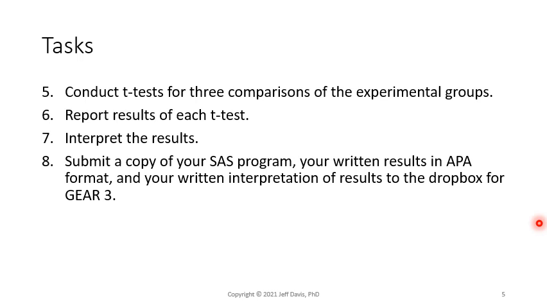And then you also want to include a written interpretation of the results. So you're going to get the results, and you're going to say, all right, this is what the results say. And then you're going to give a quick statement about what the results mean in terms of your hypothesis, and in terms of your research question.